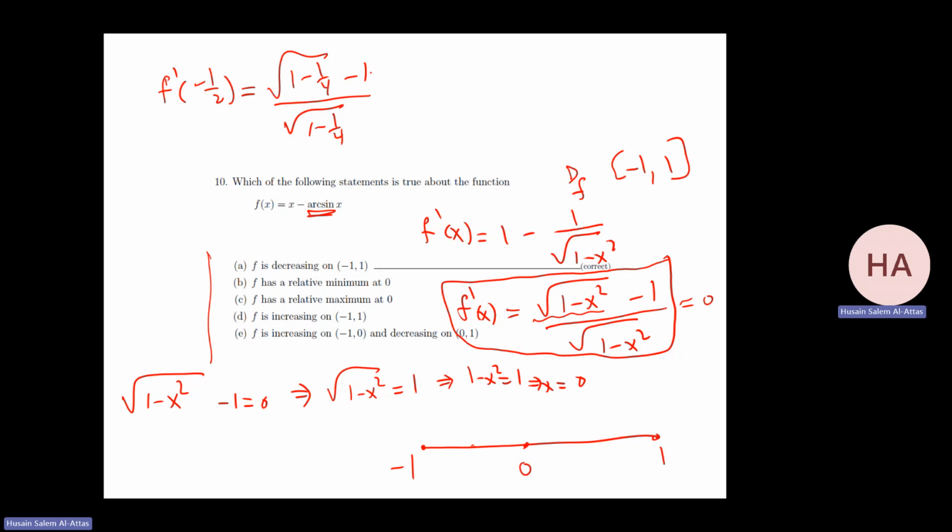This is negative, since 1 minus this, square root of 3 over 2, is less than 1.